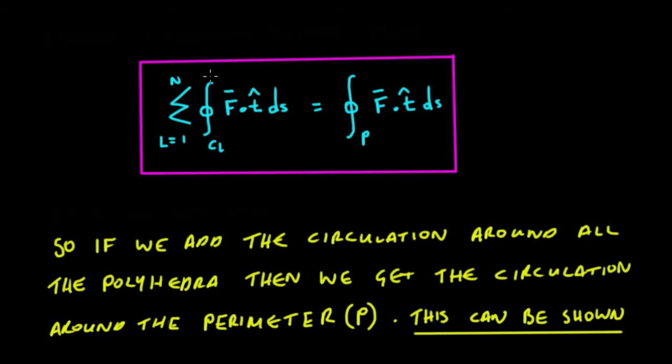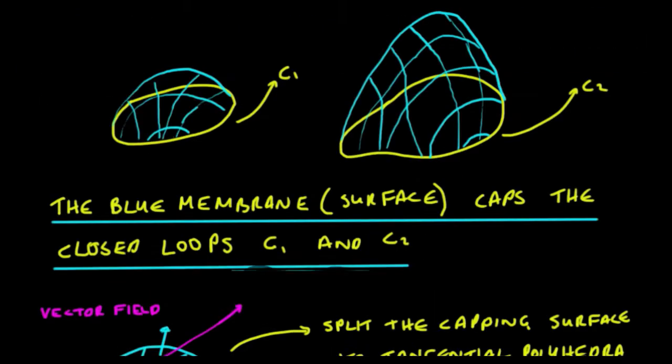So the assertion we're going to have is that once we've summed up all of those little circulations, what we're left with is just the circulation over the capping path. So we'll go back there and you'll see that.